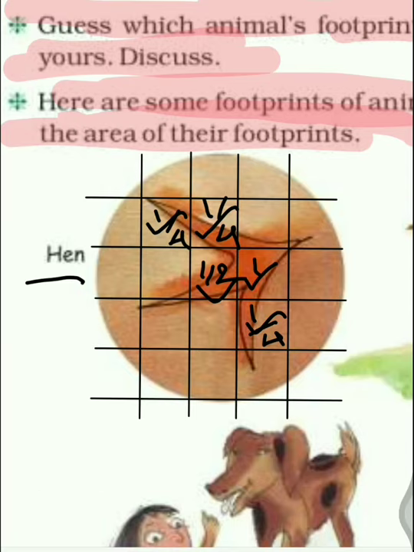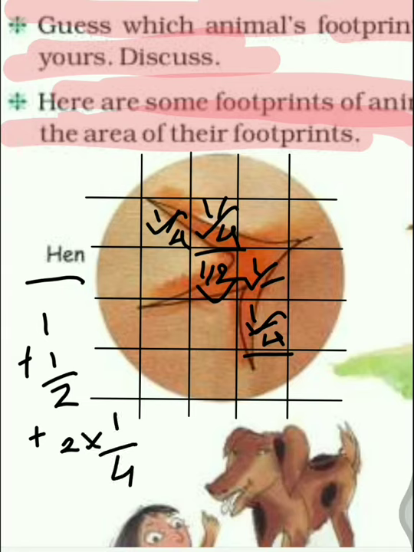Okay, so these 3 boxes are 1/4 quarterly covered. So here we are going to total it. 1 plus this one is half plus, look, first of all I am going to add these 2, so it will be 2 multiplied by 1/4. 2 2s are 4, means half and half again 1, and then 1/4 is remaining.